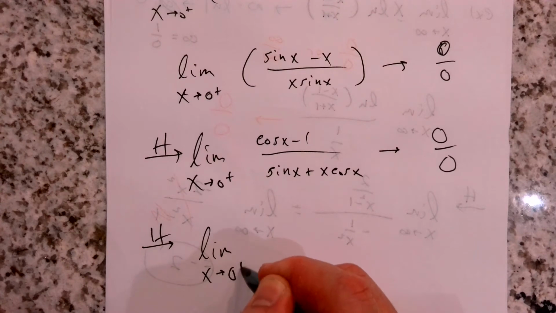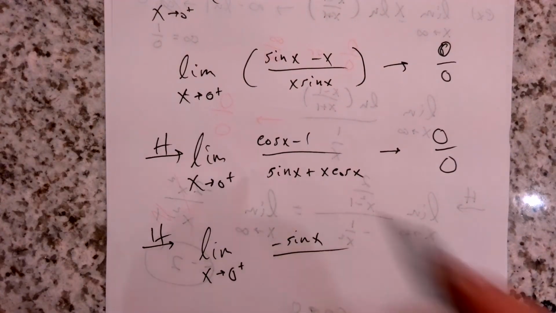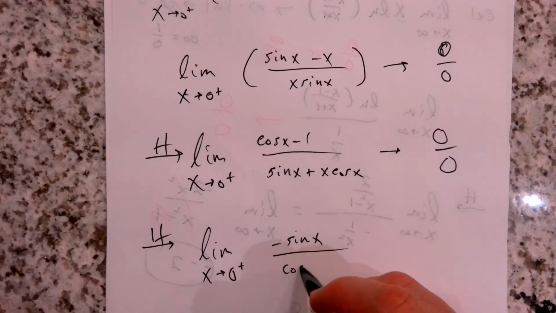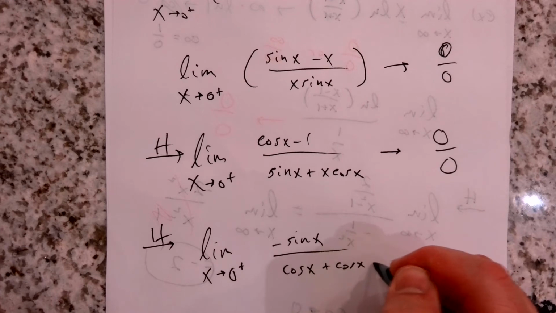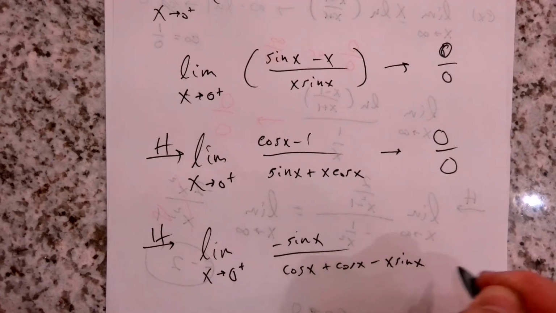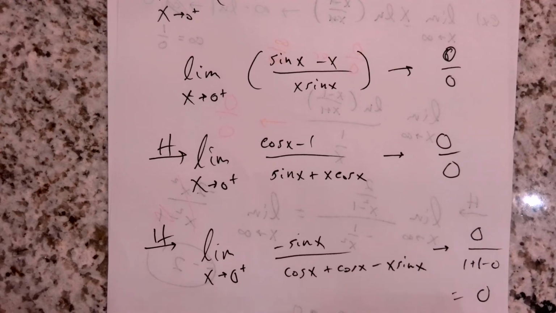The numerator gives us negative sine x. The denominator gives us cosine x plus cosine x minus x sine x. When we plug 0 into this, it gives us 0 over 1 plus 1 minus 0, which is 0. So our answer is 0.